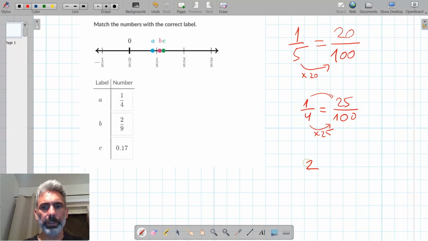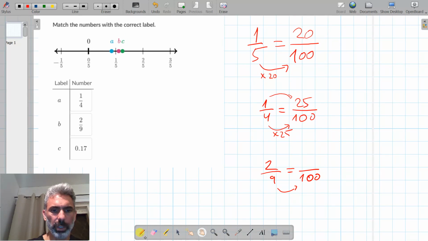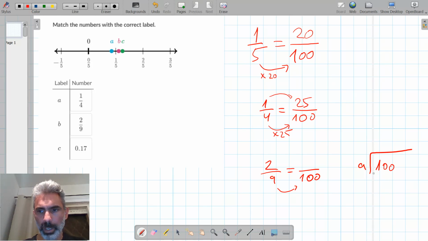Now 2/9, if I convert it to a fraction with 100 as the denominator, I need to multiply 9 times something to go from 9 to 100. To know the number by which I need to multiply, I divide 100 by 9. 9 goes into 10.